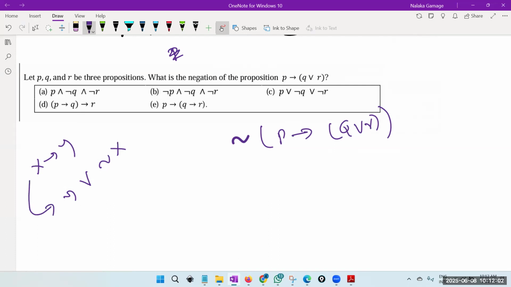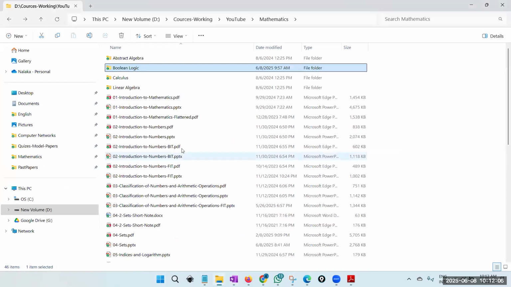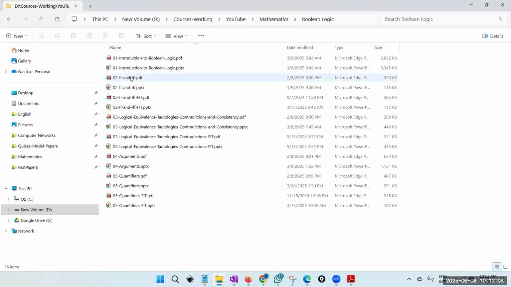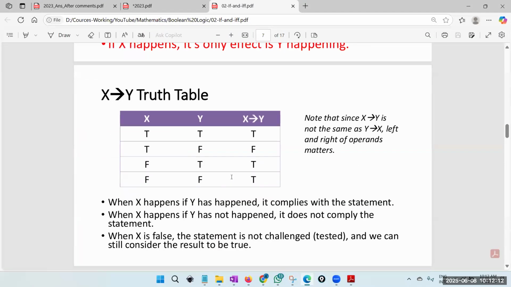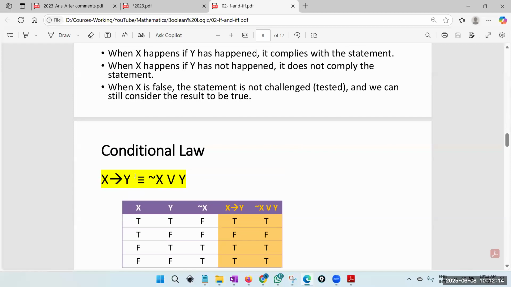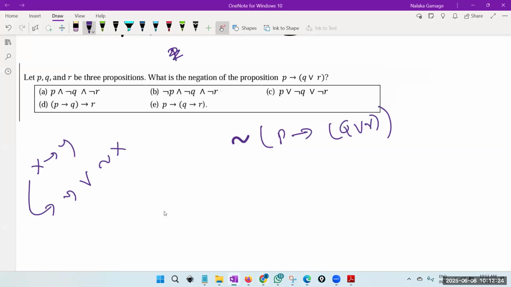We discussed that. Going back to this Boolean logic, X implies Y means Y has happened or X has not happened.